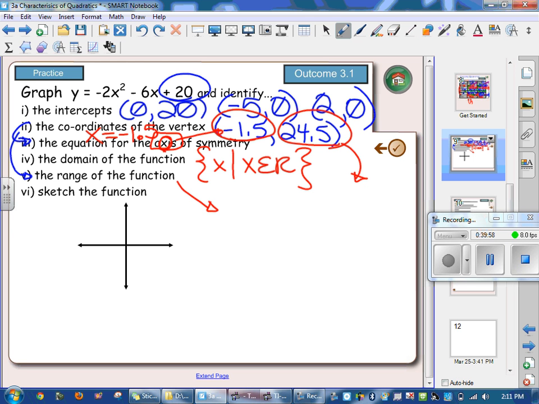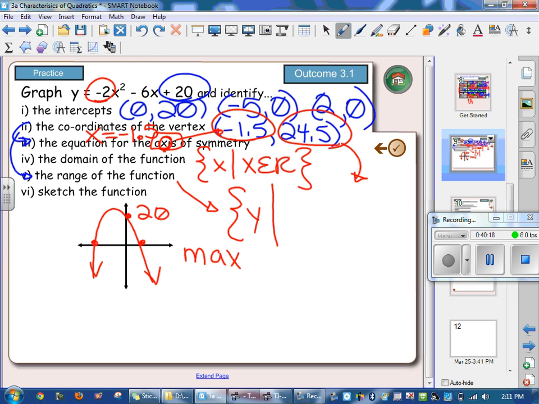Now, since it's going down, we've got a max value, so that's going to change our range, meaning it's going to be y such that y must be less than or touching, so less than or equal to our maximum point, 24.5, comma, again, y-e-r. Okay, that's how we write our range. And now that is a total analysis of your function here.